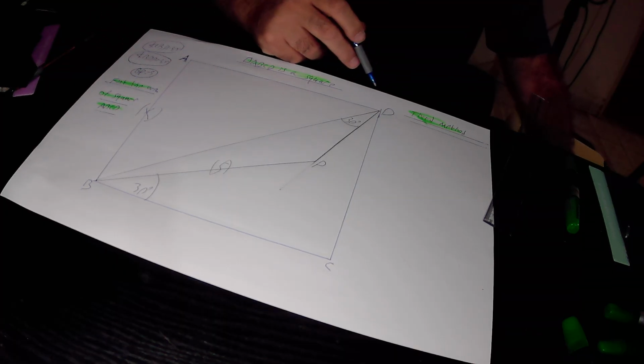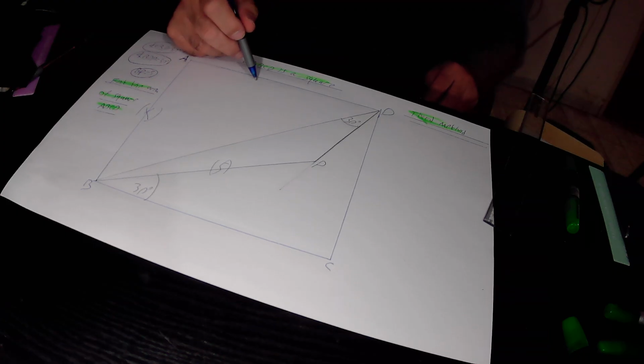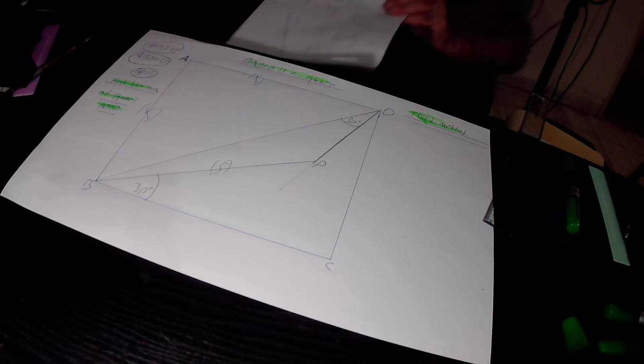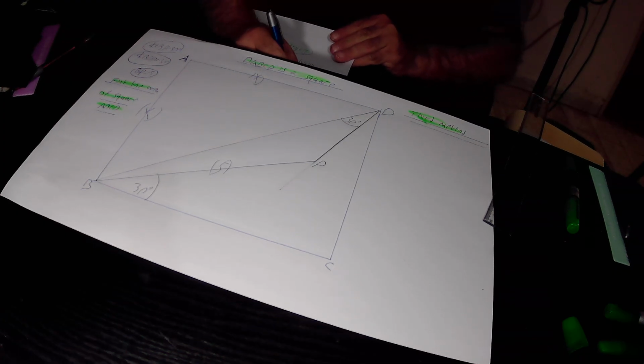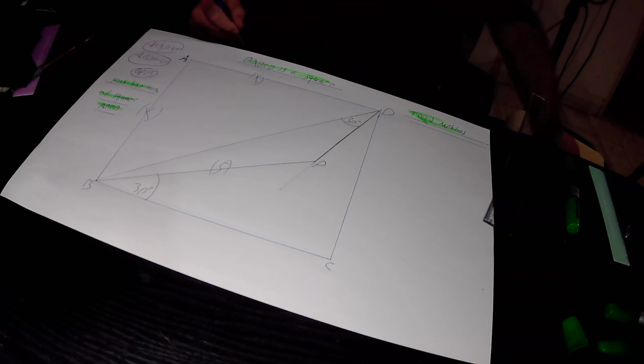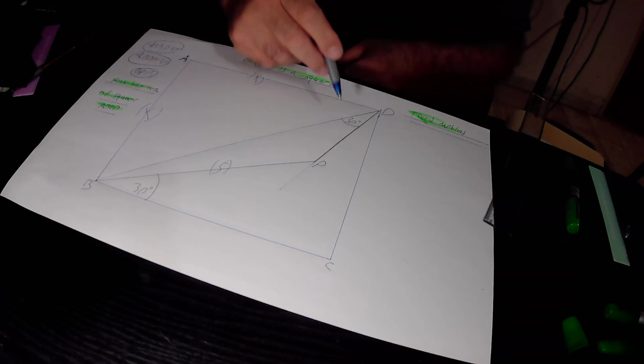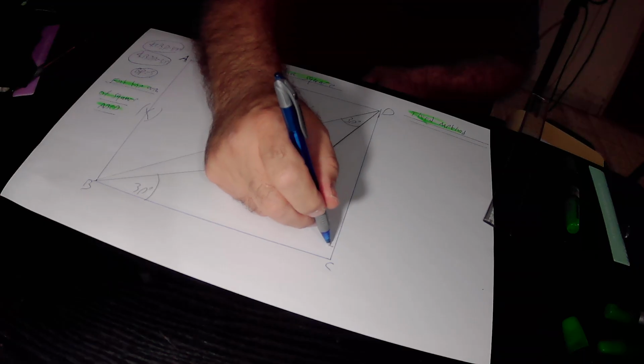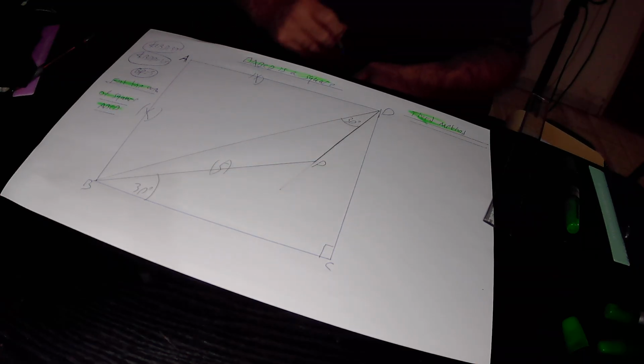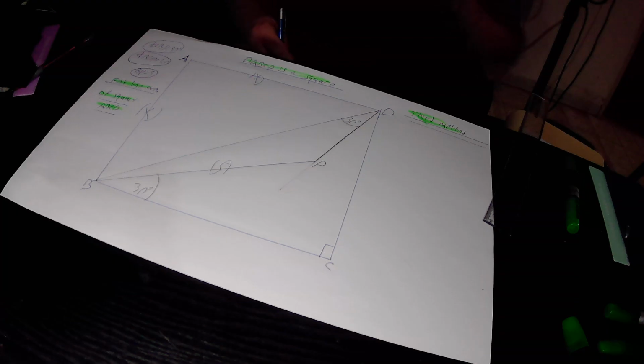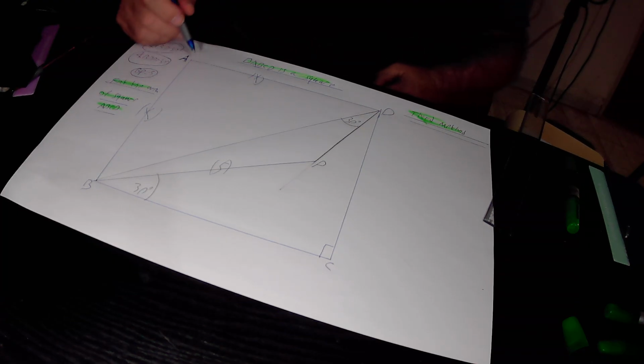We define side AD as x also. This is of course a right angle because it is a square. ABCD is a square. This is a right angle also.